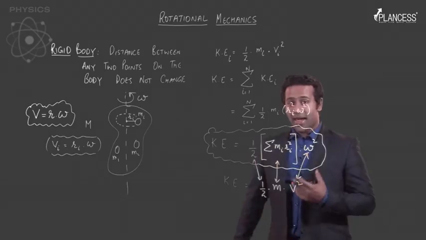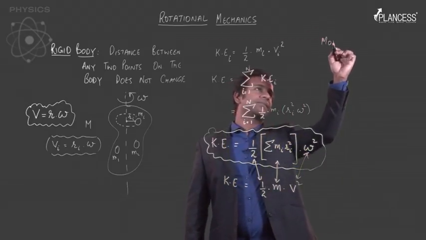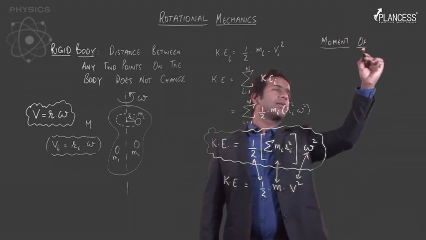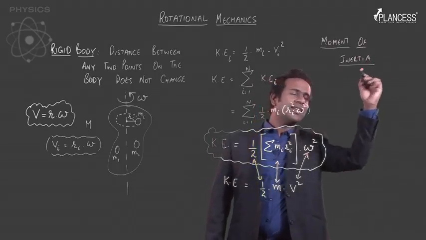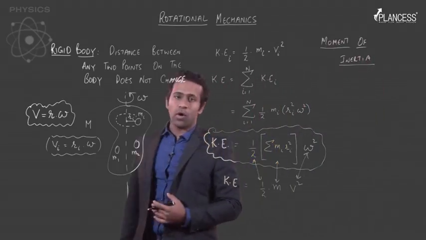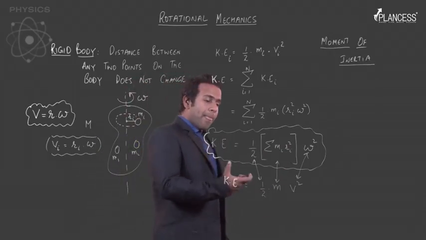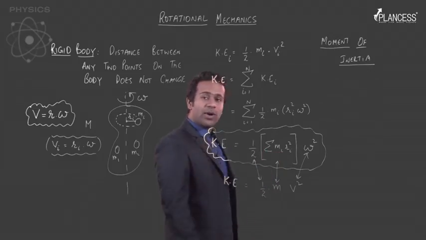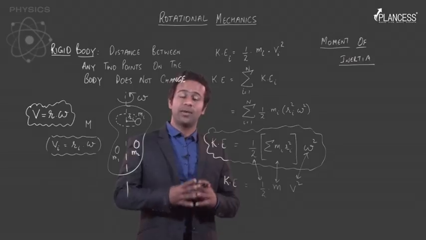And this term hence is defined as moment of inertia. So we'll understand this better as we keep moving forward. You would see why we are defining this term. You could say that the summation of mi Ri square does exactly what mass does in linear motion.